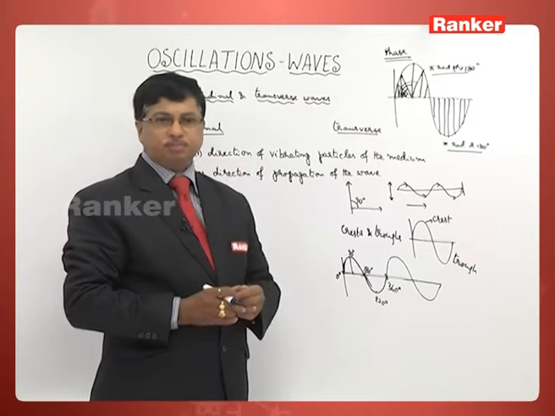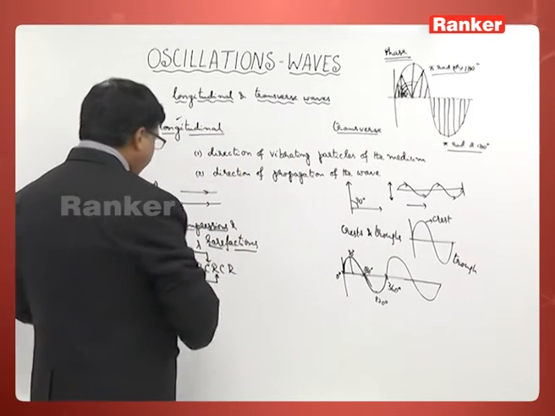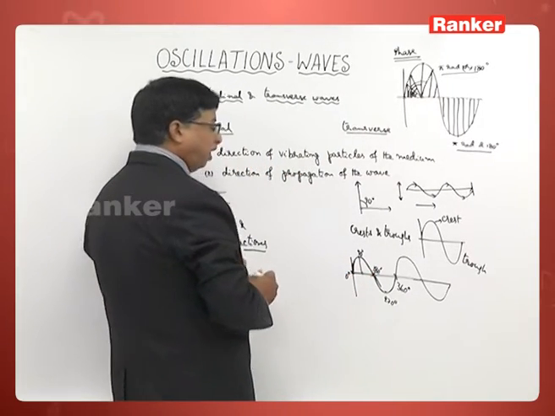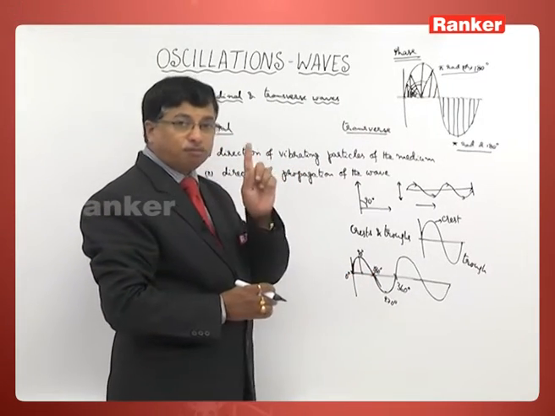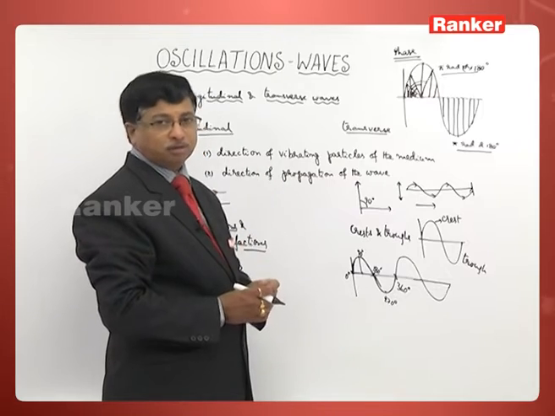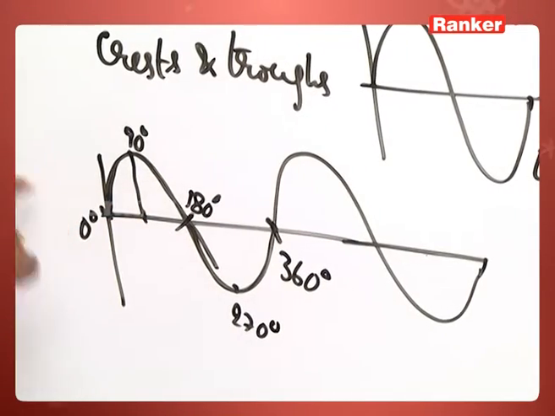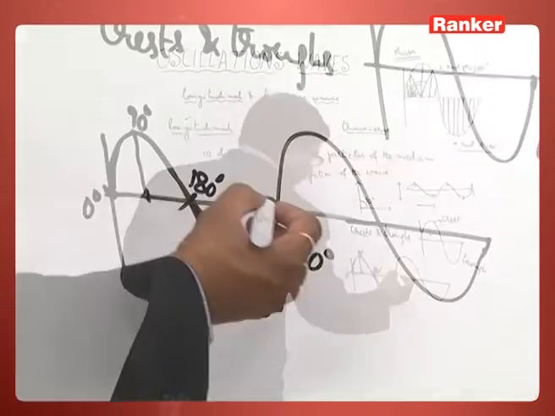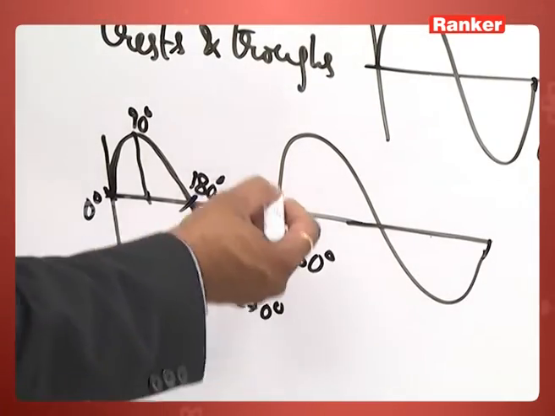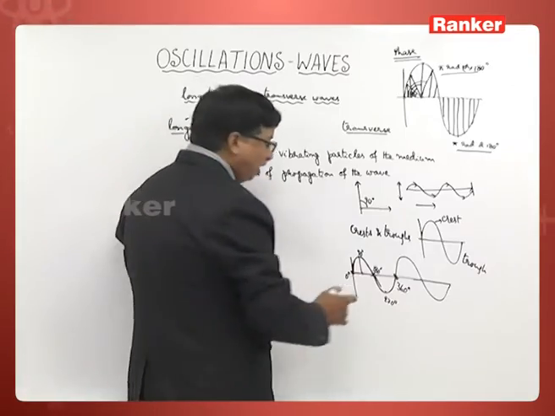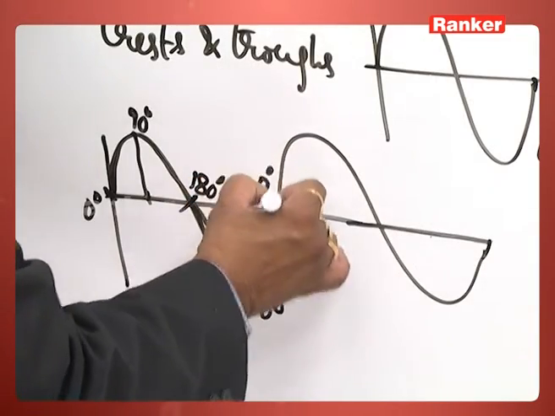That is the concept. So, the distance between two successive vibrating particles which are in the same phase is what is called the wavelength. Now, observe carefully, this is one point where the phase angle is 0. This is another particle which we can consider to be 360 degrees for the first wave and 0 degrees for the second wave.